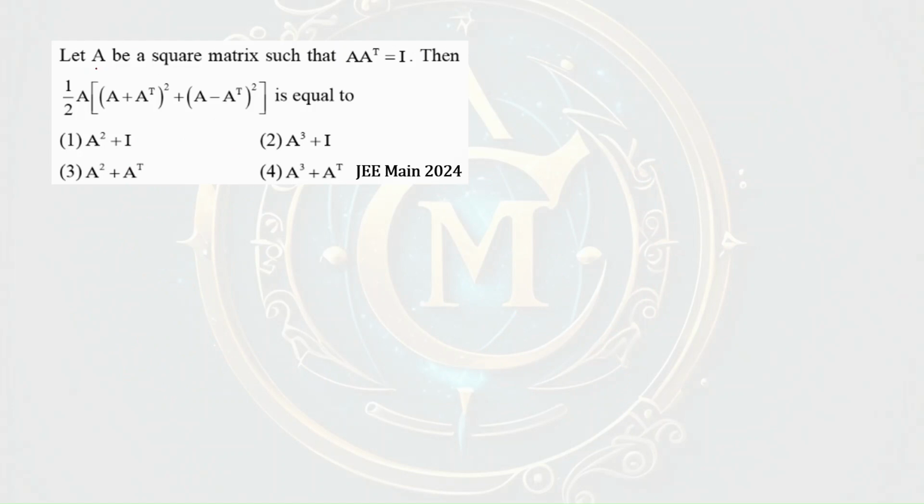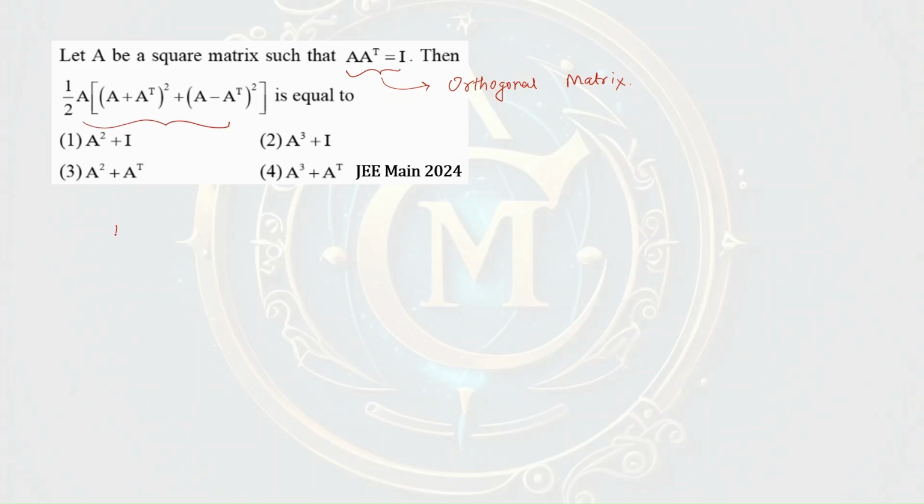It says that A is a square matrix such that A A transpose is equal to the identity matrix. Now from here, can you tell which type of matrix is this? Yeah, it is an orthogonal matrix.